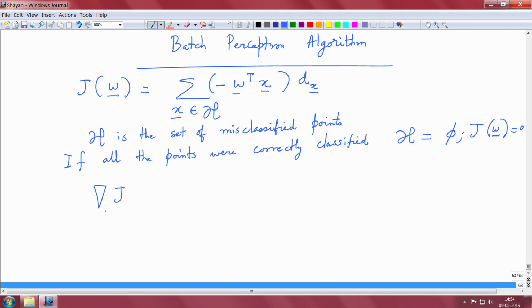The gradient is with respect to the weight, and if we take the derivative, this is going to be minus x times d corresponding to x over all x belonging to the set of misclassified points. Now, one of the important updates that I can do is motivated by the gradient descent idea, right.